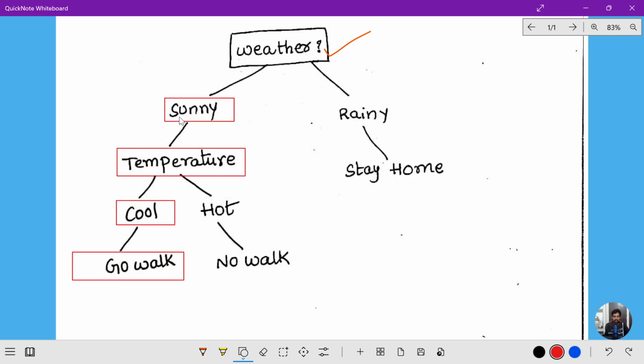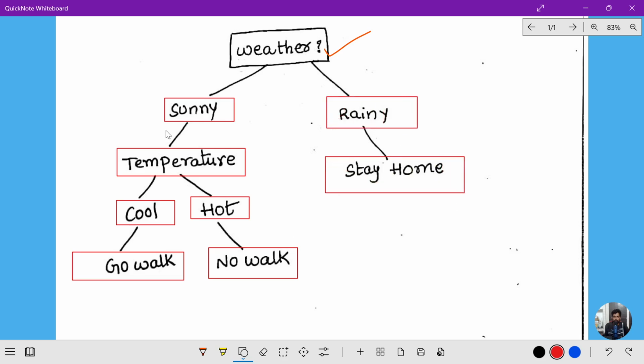When the weather is sunny and the temperature is hot, he is not going to walk. So this is called a decision tree. So I am going to take the decision whether a person is going to walk or not. It depends upon sunny or rainy. If it is rainy, he should stay home. Okay, so this is called a decision tree.